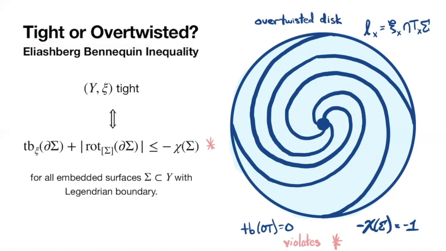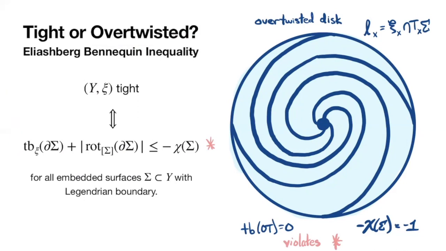Okay, and Eliashberg's proof uses singular foliations and analyzing the kinds of singularities that appear in those foliations, and it's all very hands-on. The theorem that I want to present today is a four-dimensional analog of this one.